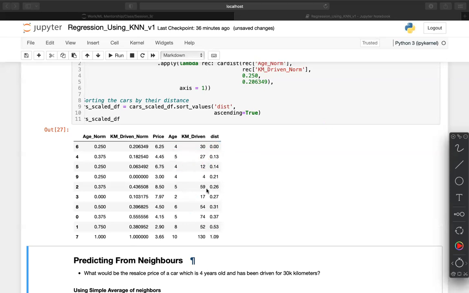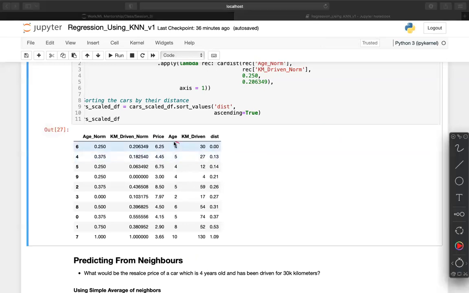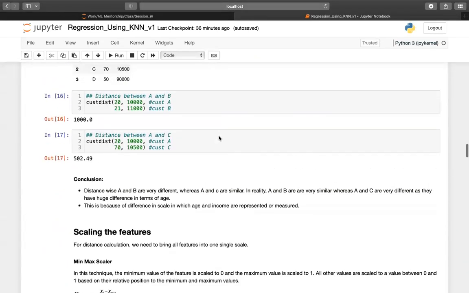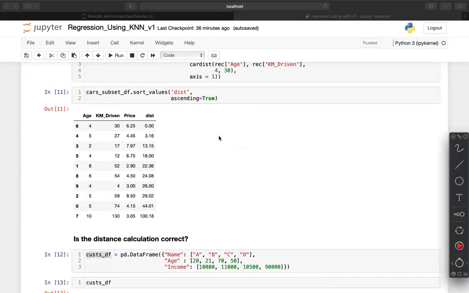So this makes a lot of sense. If you see, most of the nearer cars have very similar age and similar kilometers driven. Both are taken into account, compared to the previous one, where if you look at the distance calculation, you can see very old cars were also taken as similar cars.